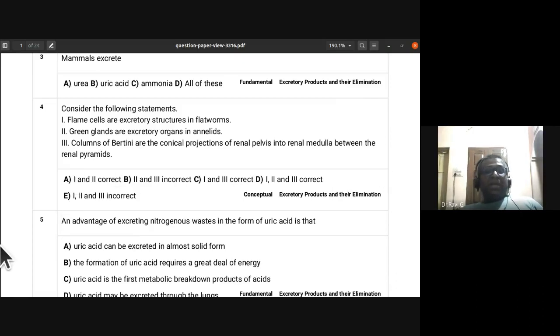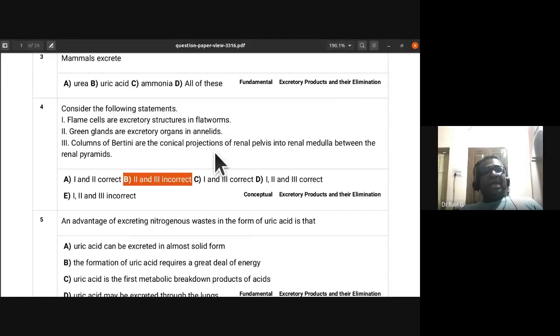So here, which of them are correct? The right answer for the fourth one is: flame cells are excretory structures in flatworms, and the second and third are incorrect.